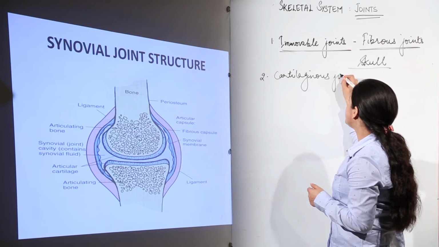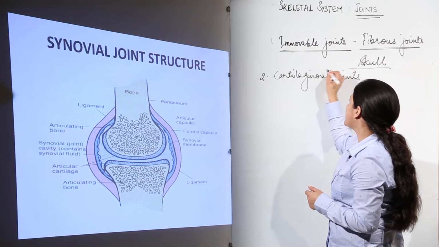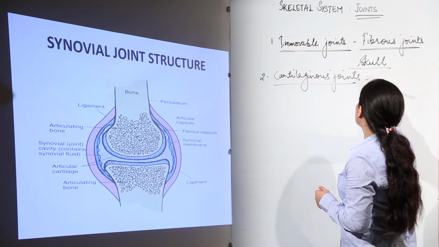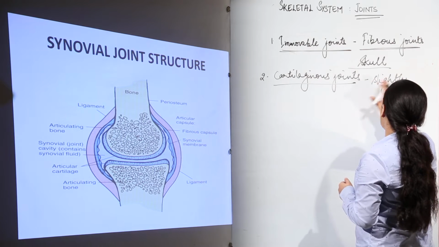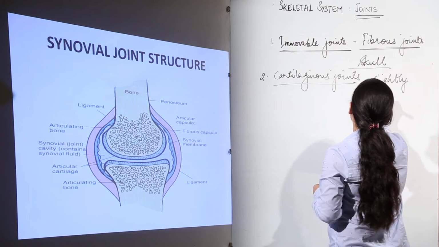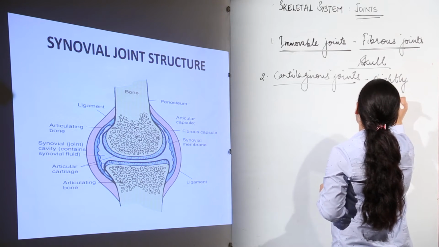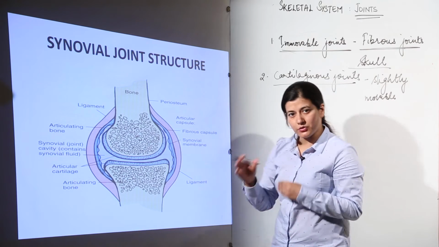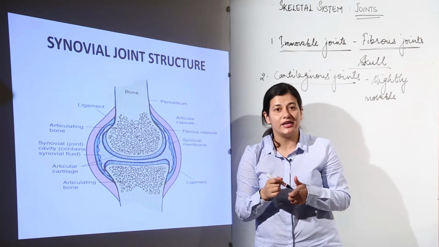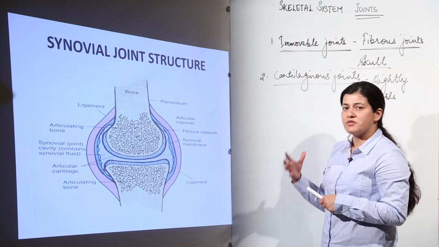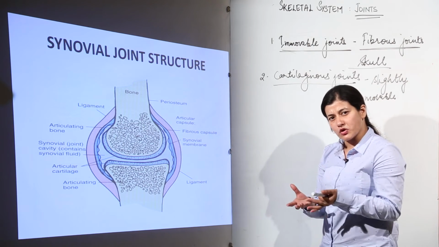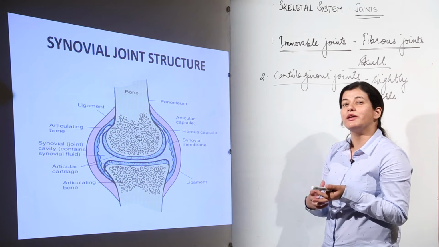All right. Now, the example of cartilaginous joints is those which are present in our vertebral column, slightly movable. You can bend forward, you can bend backwards, but to a certain degree, except for those who are highly flexible. And there are certain people, you might have heard, very famous people, those who can fold themselves in boxes and all, their entire skeleton is made up of cartilage.